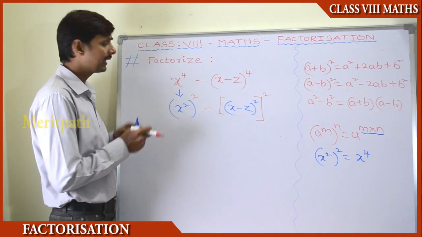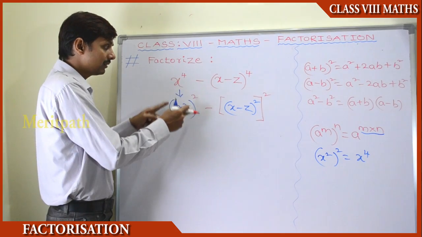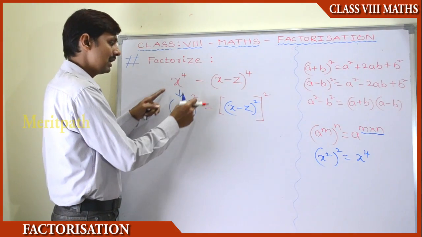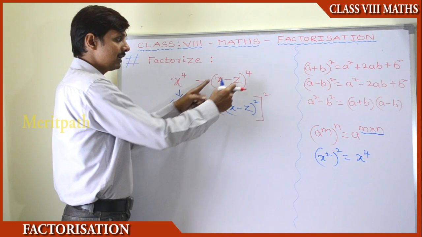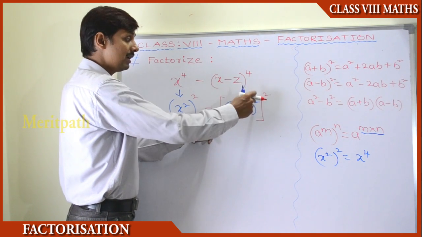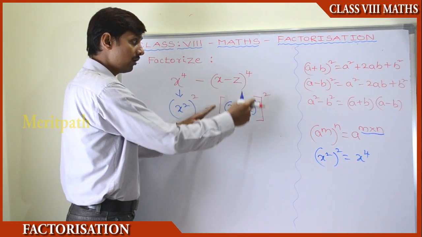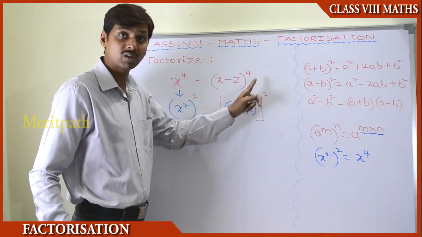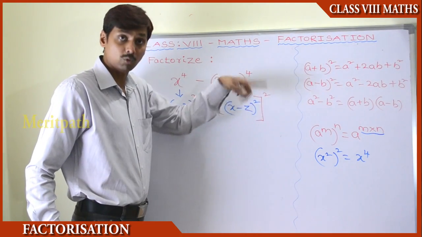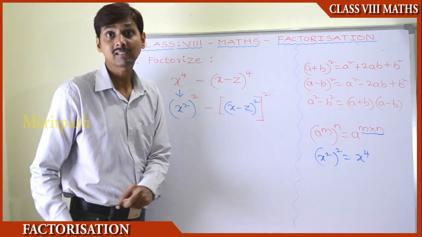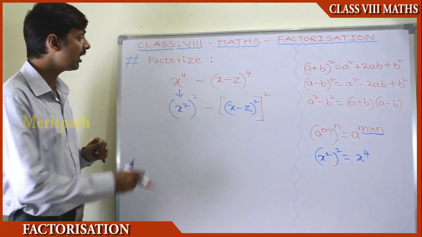So this can be written, using the formula, as (x square) whole square minus ((x minus z) whole square) whole square. (x minus z) whole power 4 can be written as ((x minus z) whole square) whole to the power of 2, using this identity. So these two are balanced.